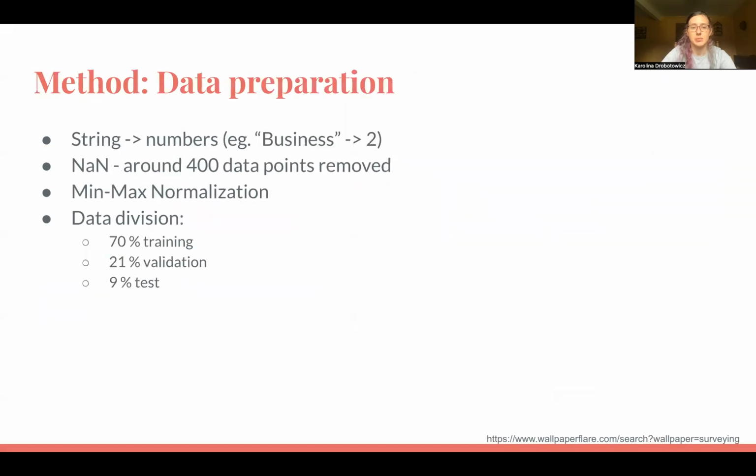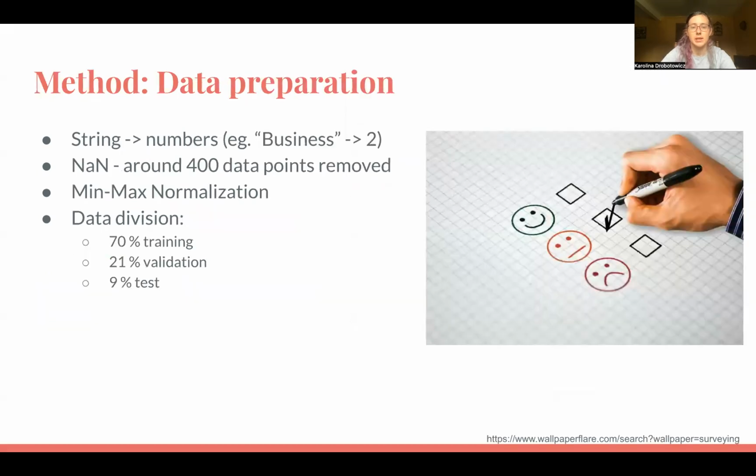As for the data preparation, we first of all changed all the string values to numbers. For example, we changed the business class to number 2. We understand that those values are totally arbitrary and don't hold any meaning beyond the classifiers for each group. Therefore, we knew that we can change them to numbers.